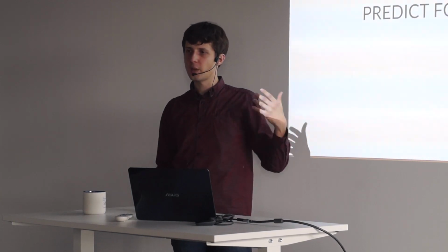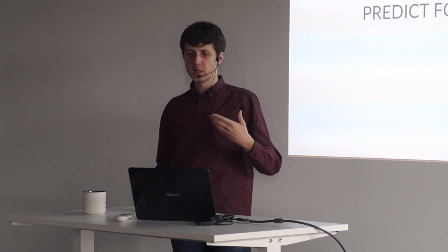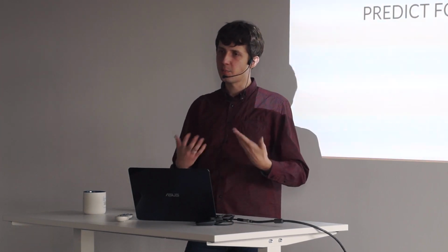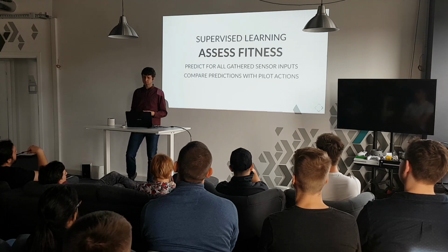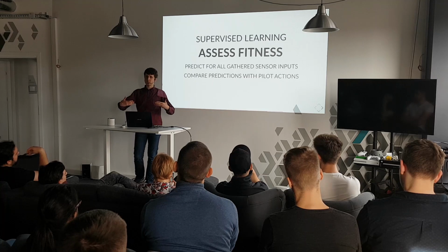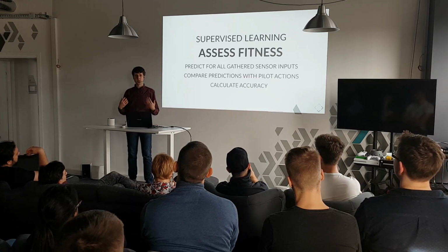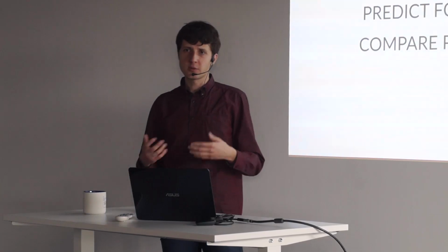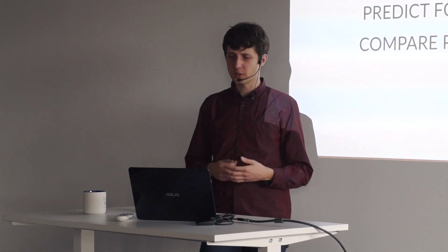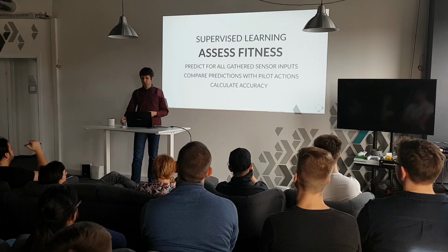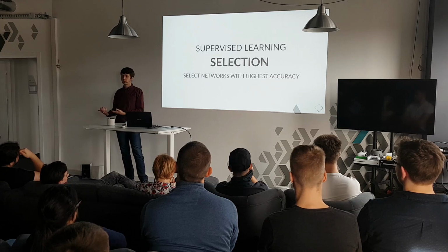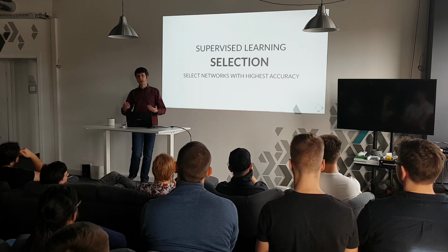So I'm trying to make it respond to the same sensors, the same states that the pilot was going through. Then I'm comparing those predictions with what the pilot did, and I'm calculating the accuracy of the predictions, trying to see how well the network is aligned with the pilot. And then, of course, I am choosing the networks that have the highest accuracy, so the ones that are predicting just like the human.